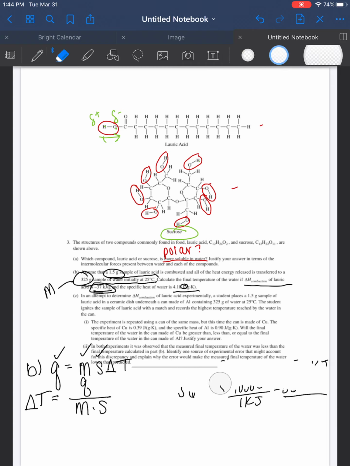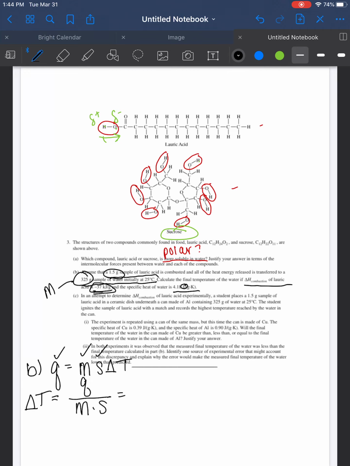Okay, so I'm going to erase this over here. So we can plug in what we know. So my Q, we said, is equal to 56,000 joules divided by the mass of water, which is 325 grams, times the specific heat of water, which is 4.18 joules per gram Kelvin.